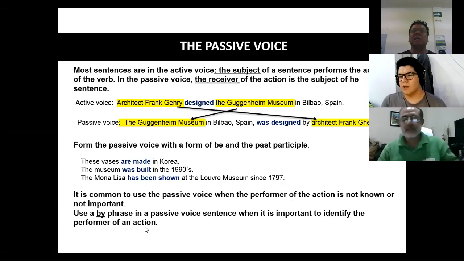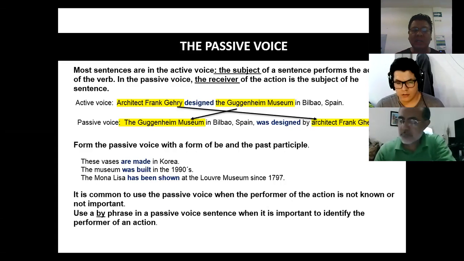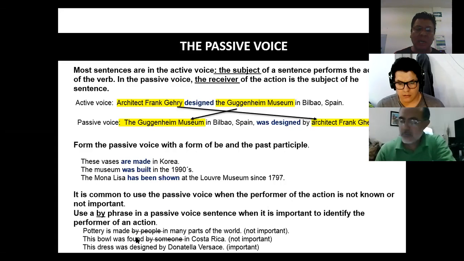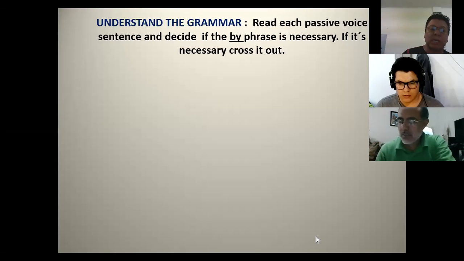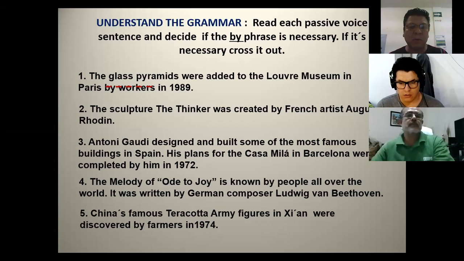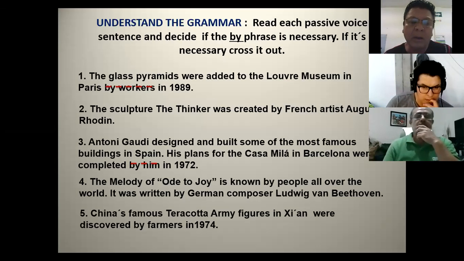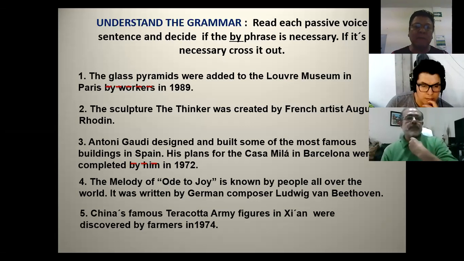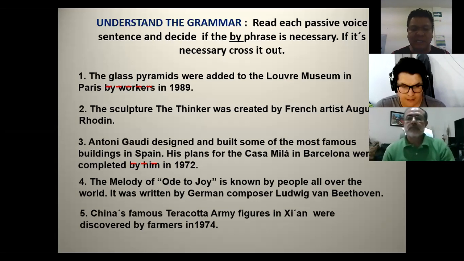When it's important to know who did the action, we're going to use the by phrase. And yesterday we did these exercises and we saw when we don't use the by phrase. It's not necessary the by phrase.